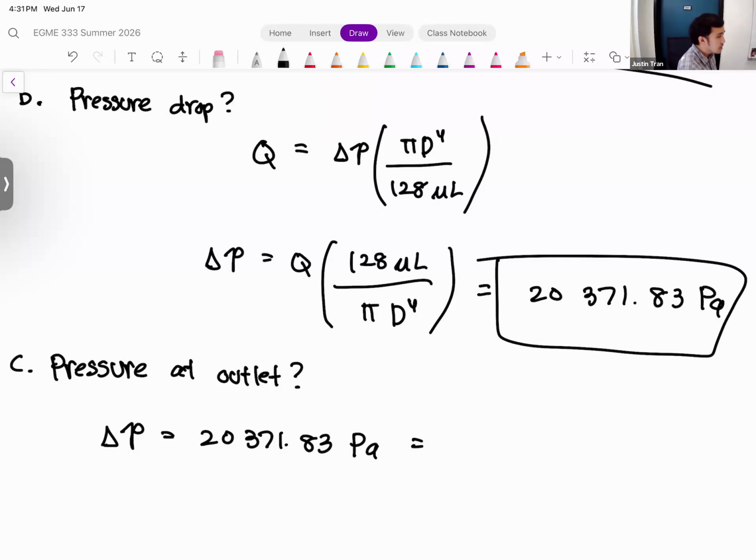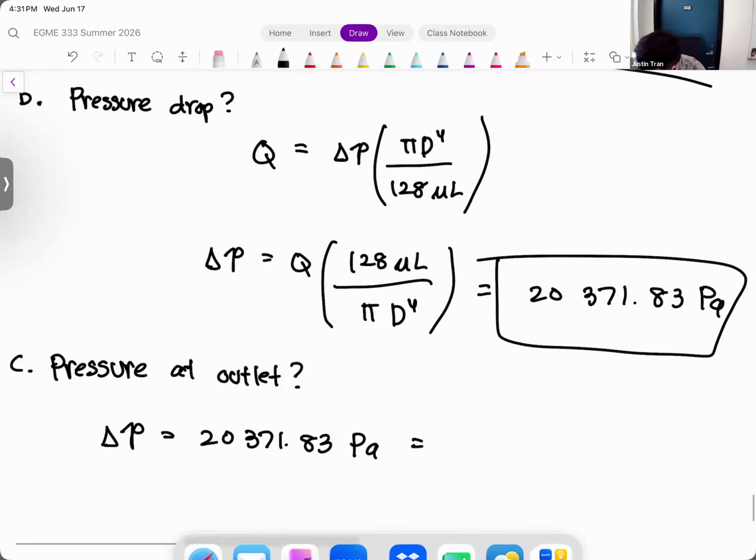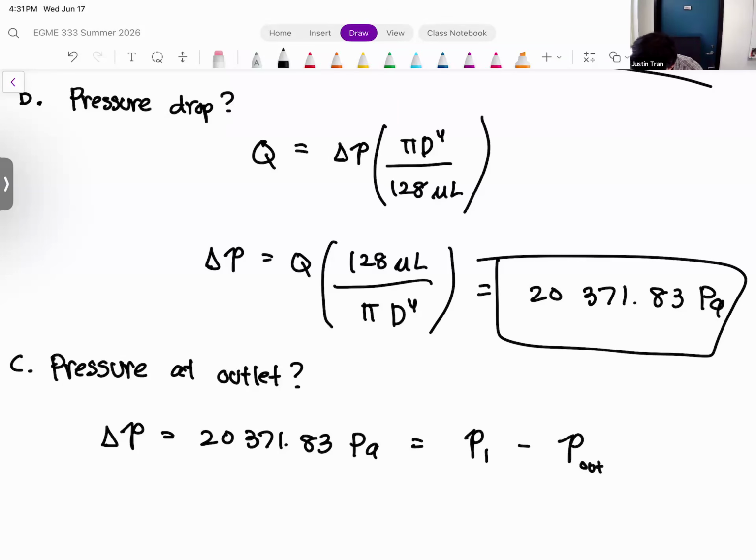By definition, this is P1 minus P at the outlet, where P1 is given to us in this part as 200 kilopascal.